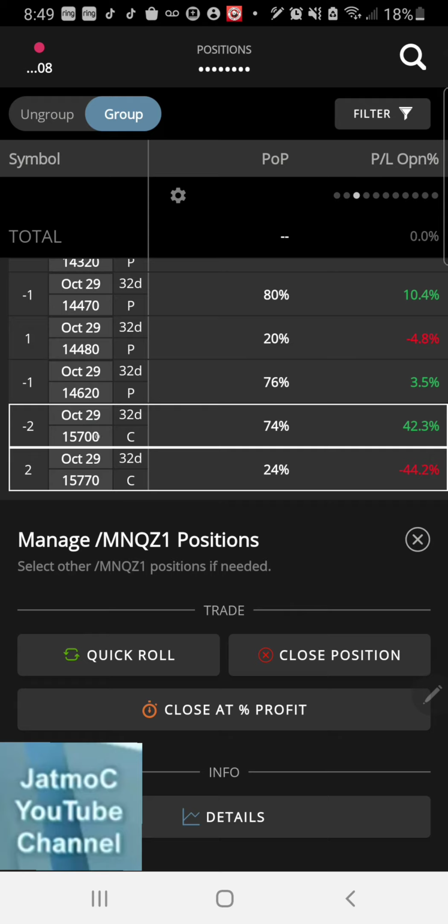The 15,700 is more expensive than the 15,770. So because of that, this is a sell to open trade. These calls have been sold, and you could potentially be wrong about which direction. So you have to be mindful of the POP, probability of profit.